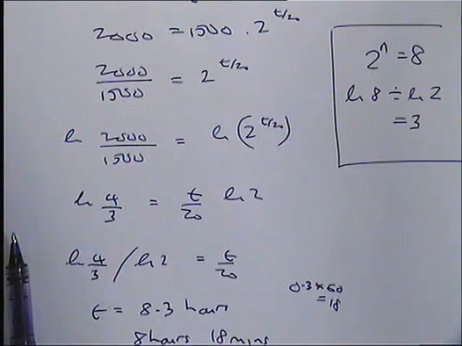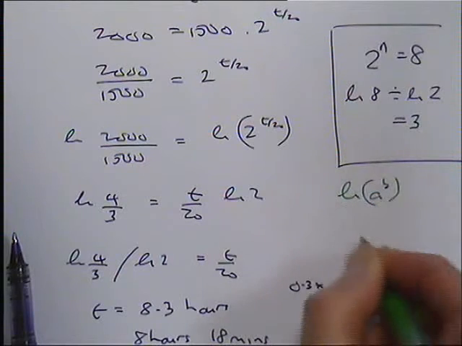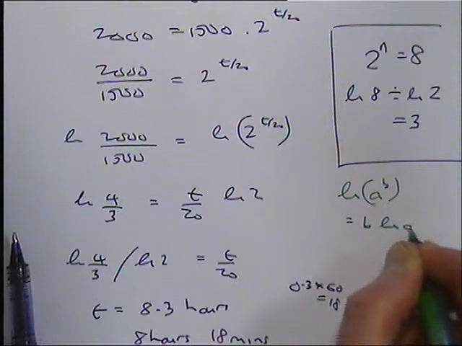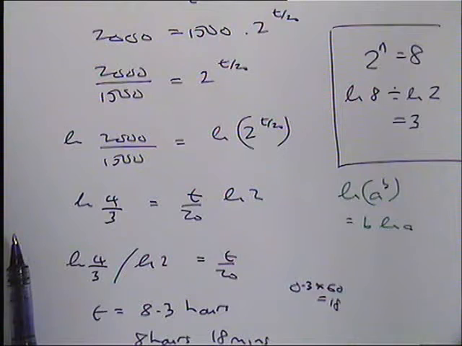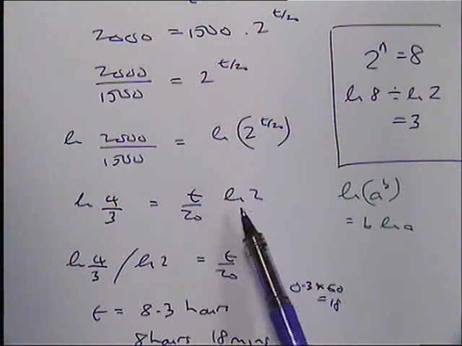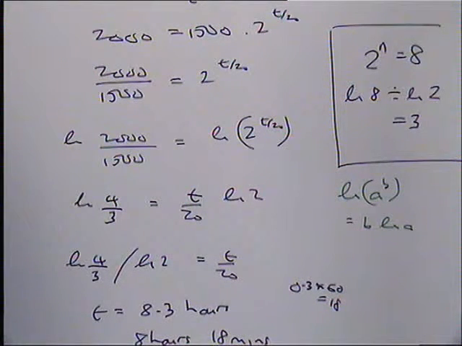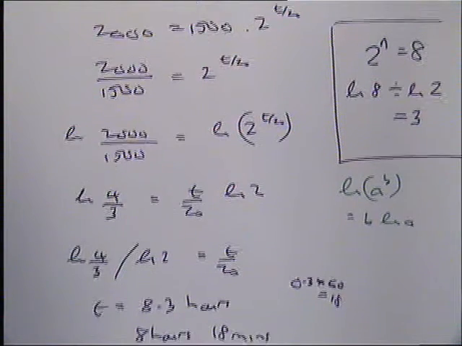The rule I've used there is that log of a to the power of b is the same as b log of a. Then you can move that log to this side, rearrange it, and find out what your t is.